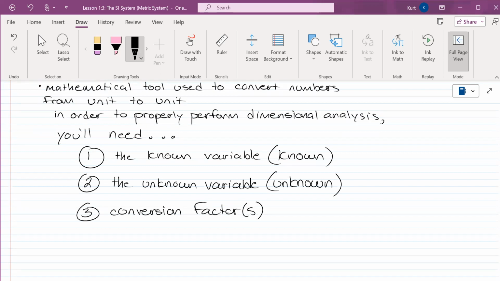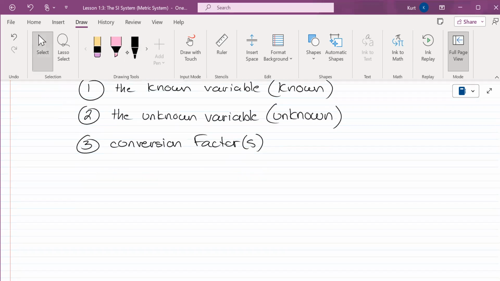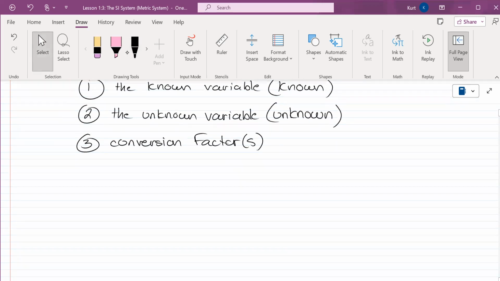So I'm going to give you guys an easy one. I'm going to write out this word problem. You do not need to write out this word problem. Give yourself about a 10-second, 20-second break. But I want you to help me identify the known, the unknown, and the conversion factor, okay?